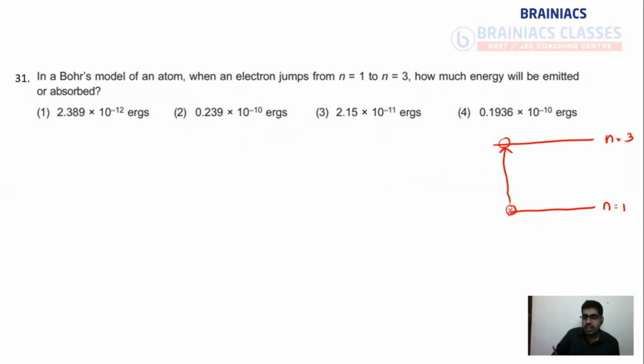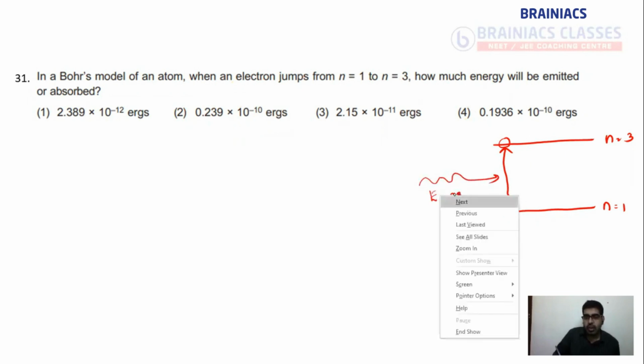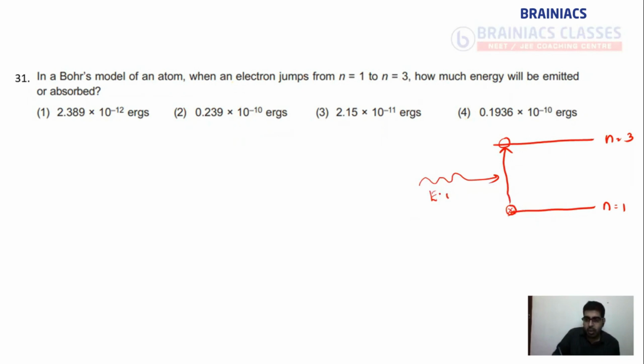This electron migrates from n equal to 1 to n equal to 3 by absorbing energy. So we have to calculate the amount of energy absorbed when an electron migrates from n equal to 1 to n equal to 3.